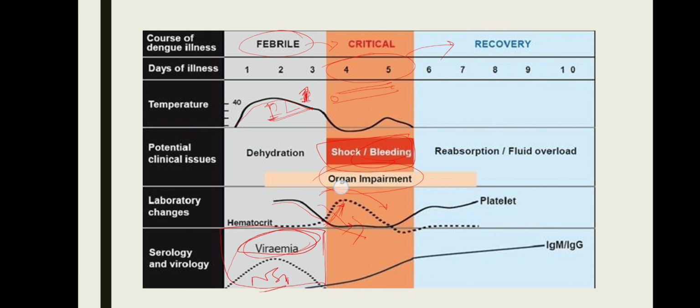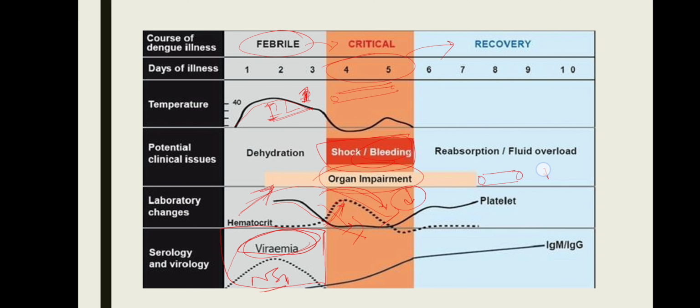So if a patient with dengue presents with shock and the hematocrit is up, that means there are leaky blood vessels, and so we have to give more fluid. But if the patient is in shock but the hematocrit is decreased, that means there is bleeding, so we have to give PRBC. So this is the main difference in the treatment protocol in dengue fever.